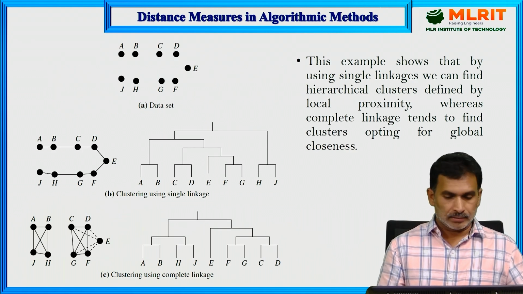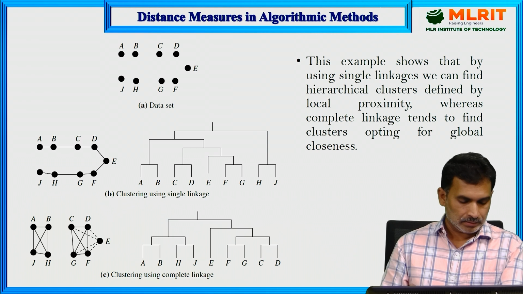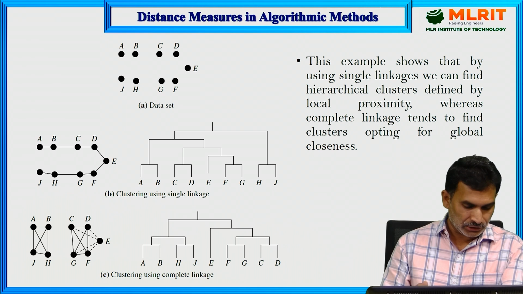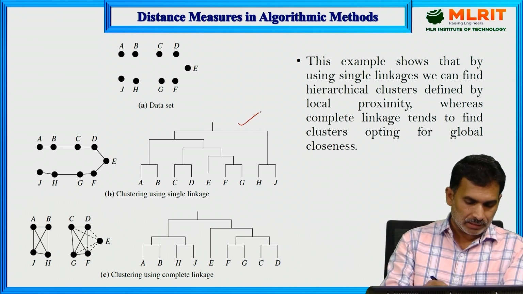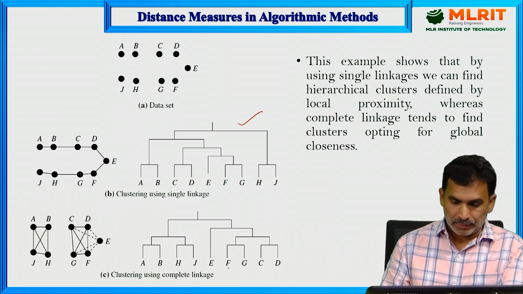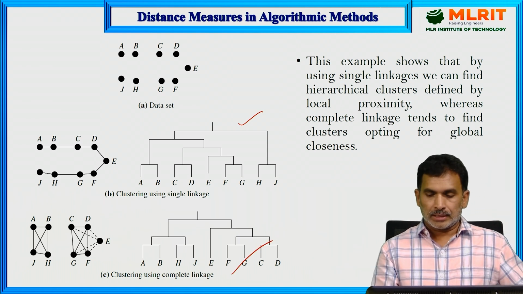So let us just quickly understand from this example how the clustering using single linkage would be represented in the form of a dendrogram, and next the clustering using complete linkage. This example is also obtained from the textbook.